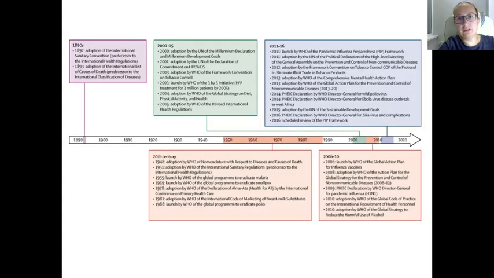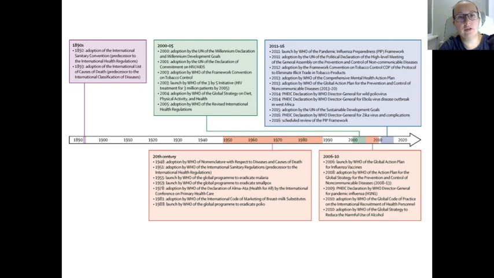Actually, on this picture, you can see the main periods of time in which most of the international documents were created, and the period of growth of international and global health law.